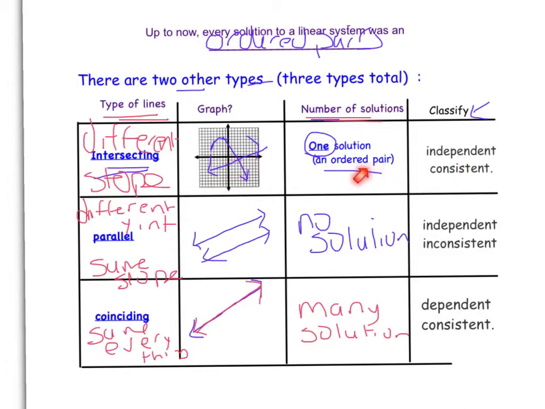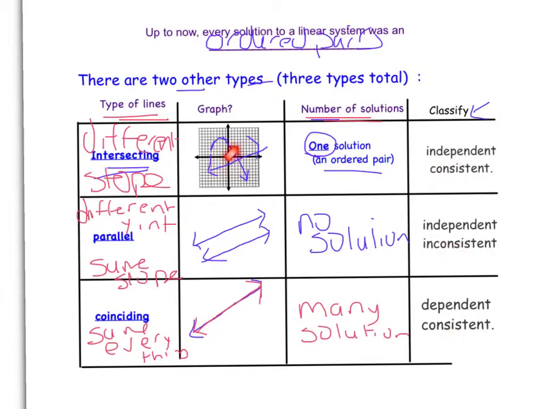Here, when there are many, now we have many ordered pairs, so it's still consistent with our thought. There's just many of them, so it's consistent. And this one, though, there's not an ordered pair, so it is inconsistent with our thought. Now, I'm not sure that that's where these came from, but that's how I think of it.